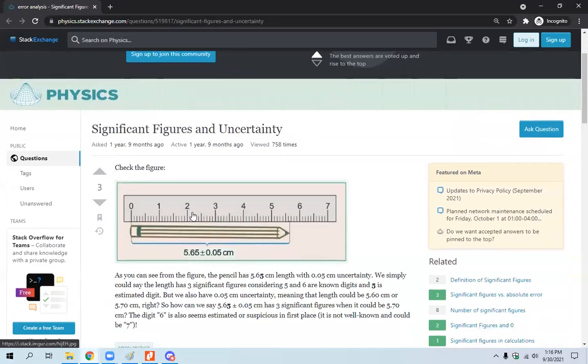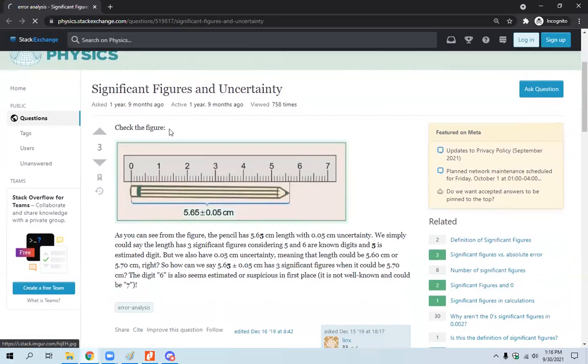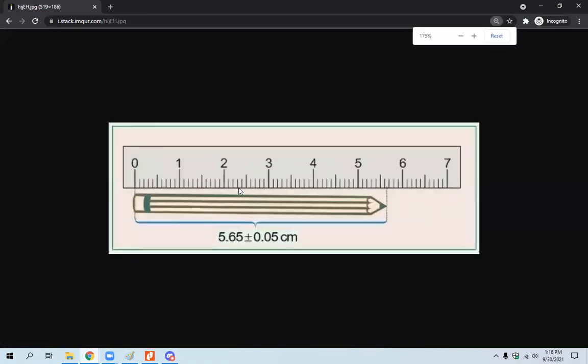So let's take this example. Let's take this image of a pencil that's measured using a ruler. So ang length measurement niya, tinapat niya sa 0 point yung tip of eraser of the pencil. However, if you look at the other end, dun sa panulat na end ng pencil, the measurement does not coincide with any one particular line doon sa ruler.